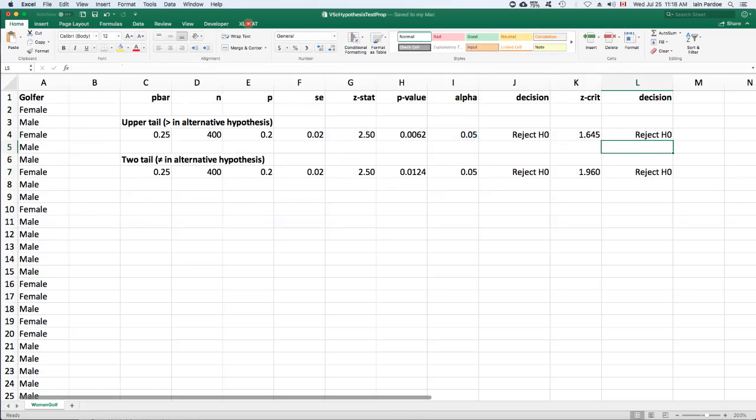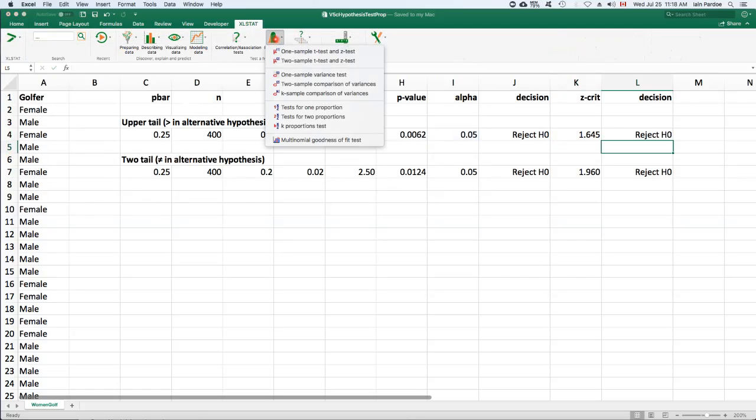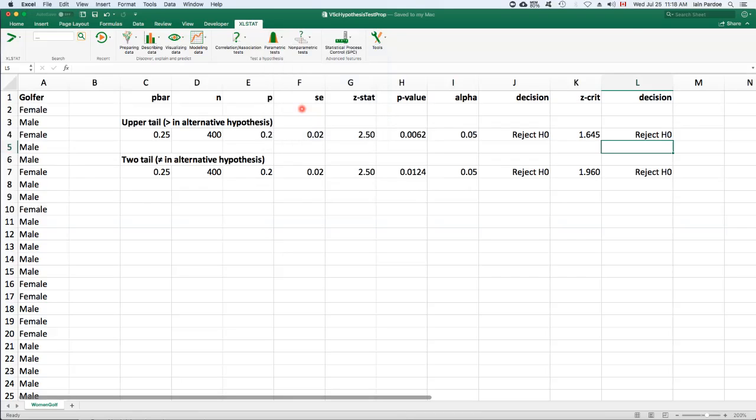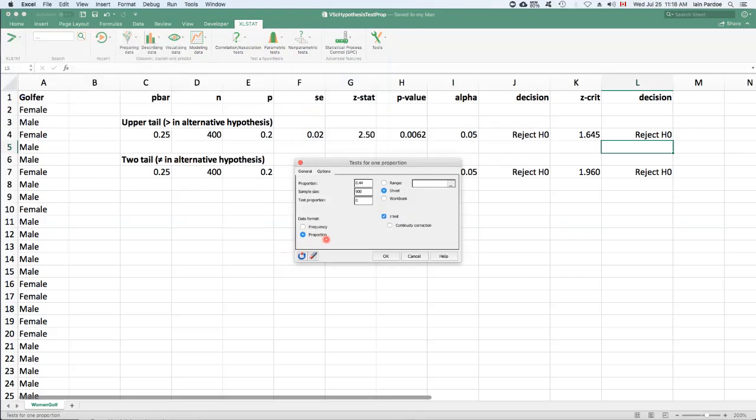Okay, let's see how that goes in Excel stat. So do a parametric test, test for one proportion, that's what we're doing here. So first we'll type in the sample proportion, which is 0.25. Our sample size is 400.